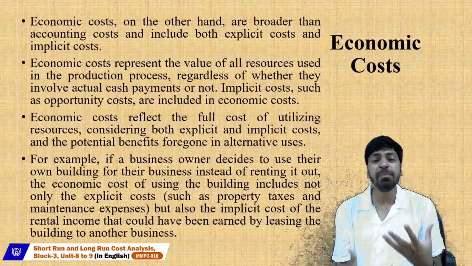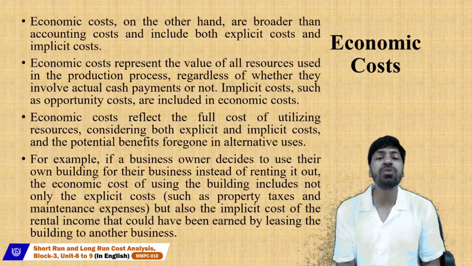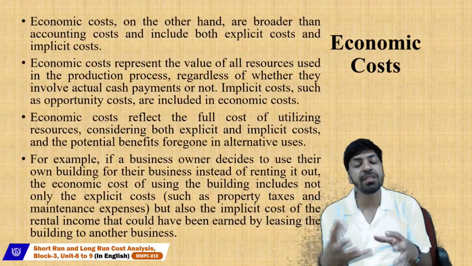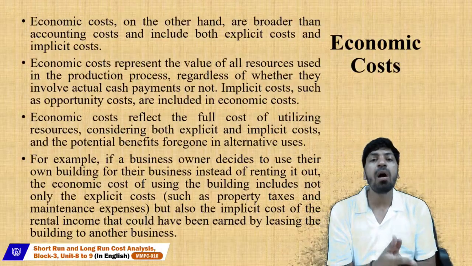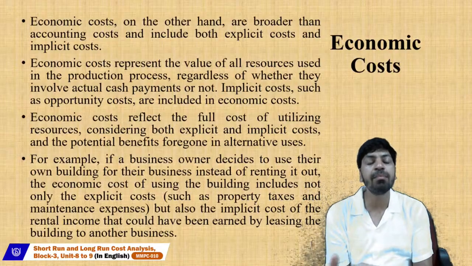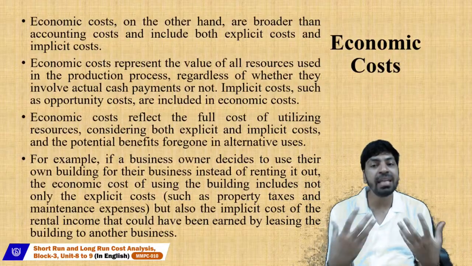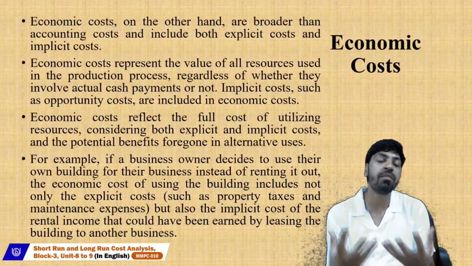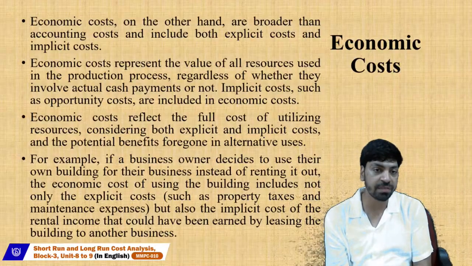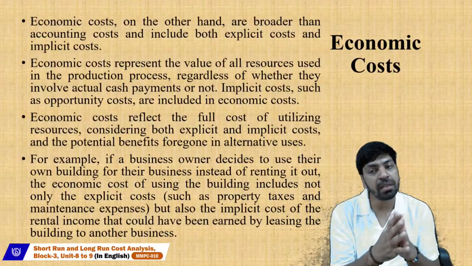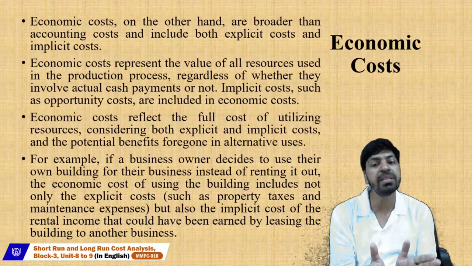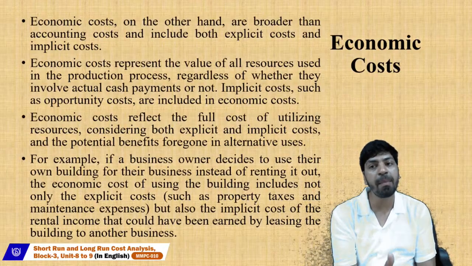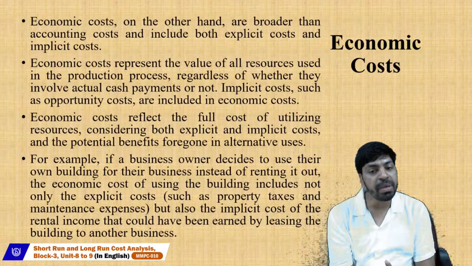So implicit cost refers to all those benefits which have been foregone by the company to gain additional benefits from the best next alternative uses. So that is actually called the implicit cost, which is also a part of economic cost.